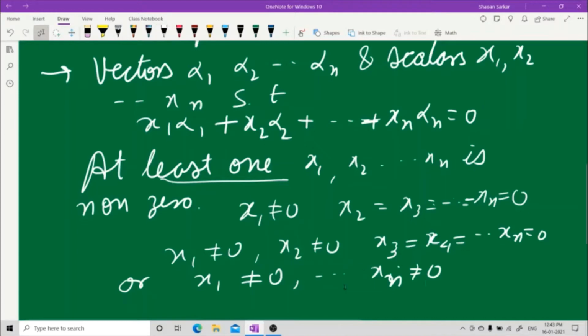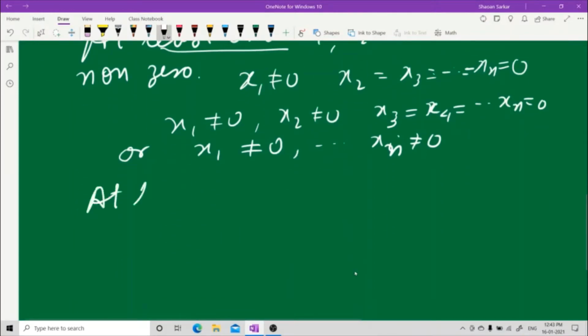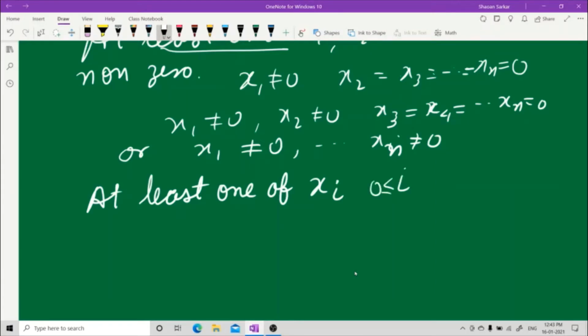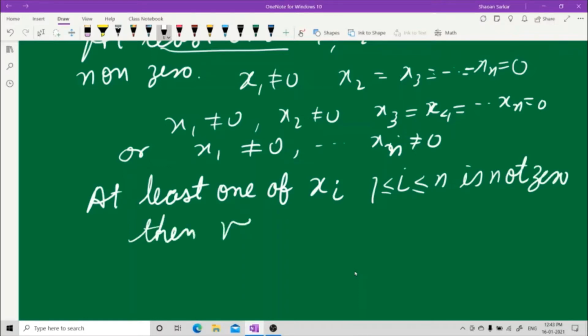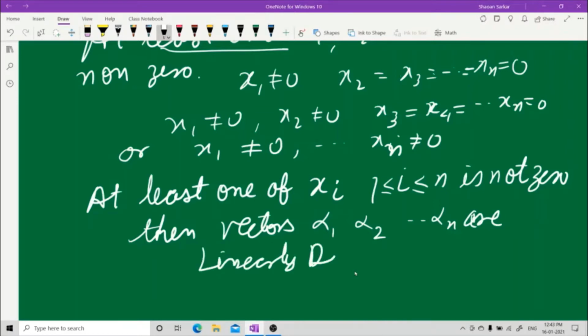In short, if at least one of xi, i equal to 1 to n, is not 0, then the vectors alpha 1, alpha 2 up to alpha n are linearly dependent. In short, we'll call it LD.